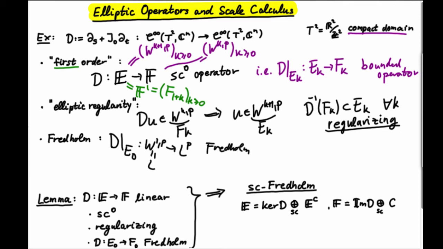So this is just from E_0 to F_0 Fredholm, i.e., it has a finite dimensional kernel and a finite dimensional cokernel. You write the image D, and you write D of E_0.